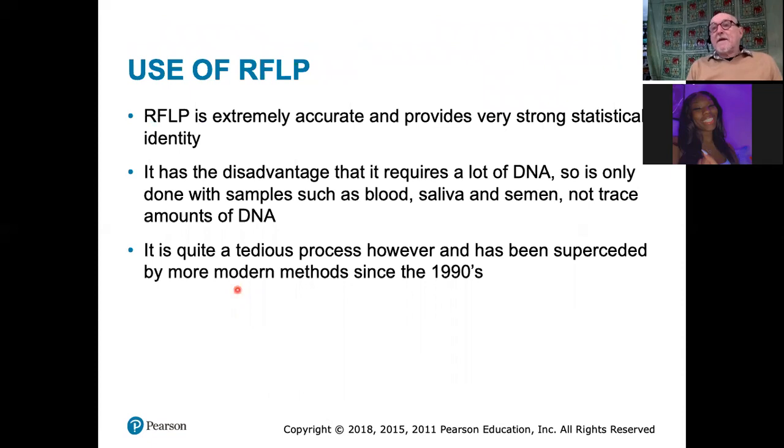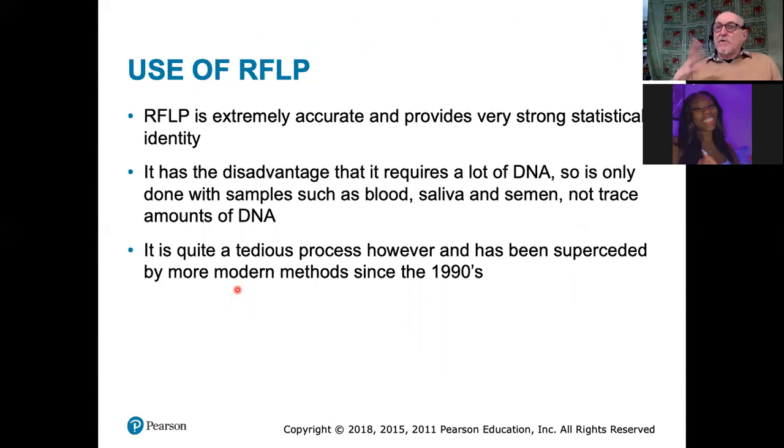So the need for a lot of DNA limited the use of RFLP to those cases where there was a lot of semen or saliva or blood deposited at a scene, but it does not work for the trace amounts of DNA.